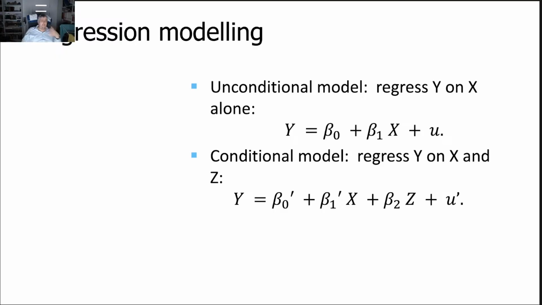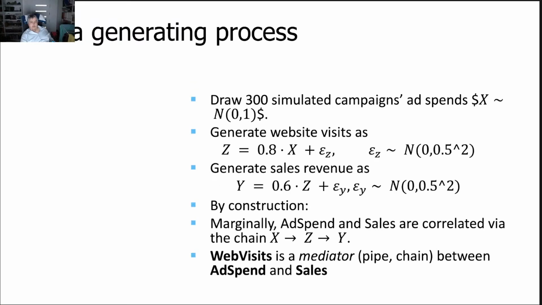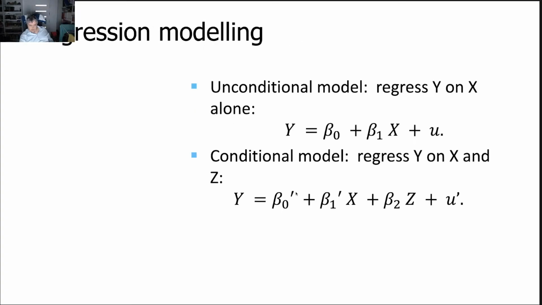We will consider very simple regression modeling. We will create a linear model that will regress Y on X, and Y on X and Z. As you've seen here, our true data generating process did not directly include X in Y. So if we model without the mediator, just ad spend on sales, we have a simple regression like here.